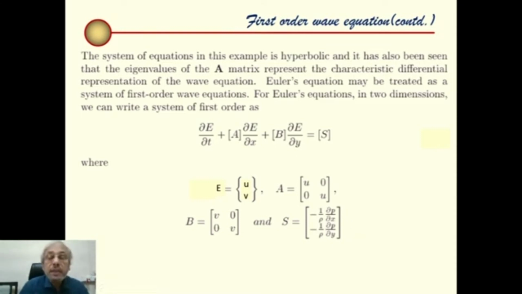So the 2-dimensional Euler equations can be represented as a system of first order equations.